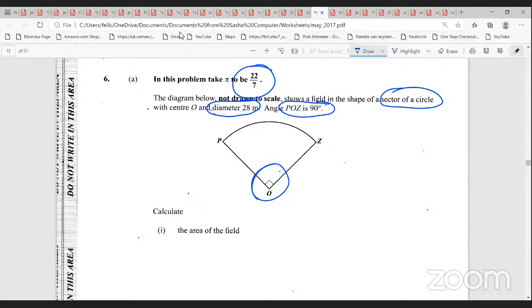What's the formula for finding area of a circle? Anyone can answer? The formula for finding area of a circle?